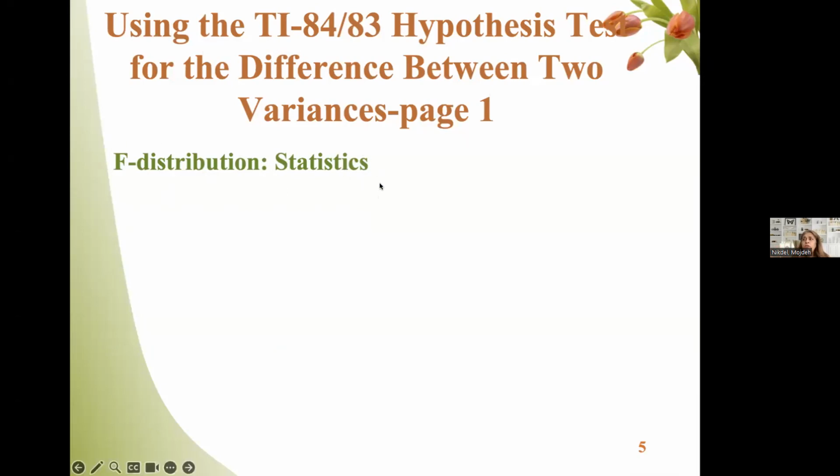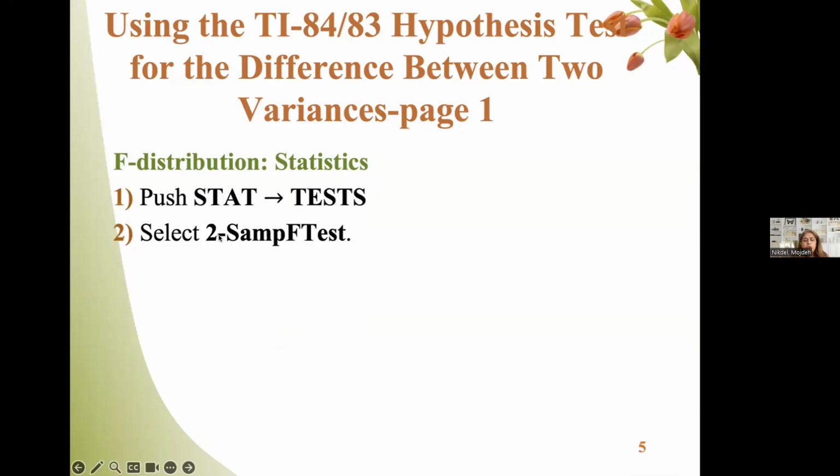What do we do? You're going to go to stat, go to test, 2-sample F test. So far we had 2-sample Z test, 2-prop Z test, now 2-sample F test.